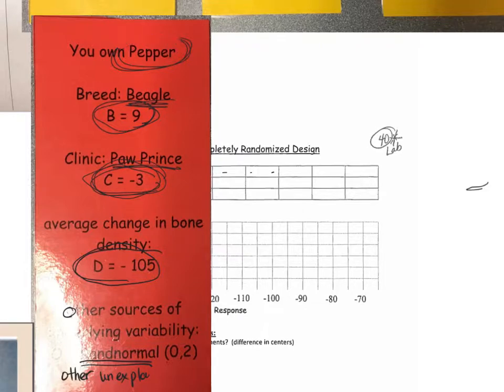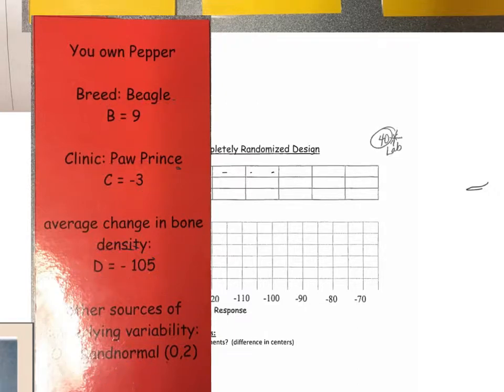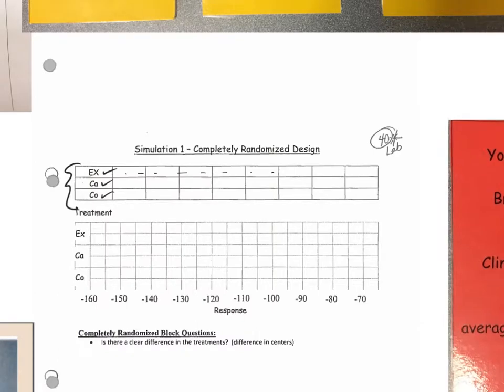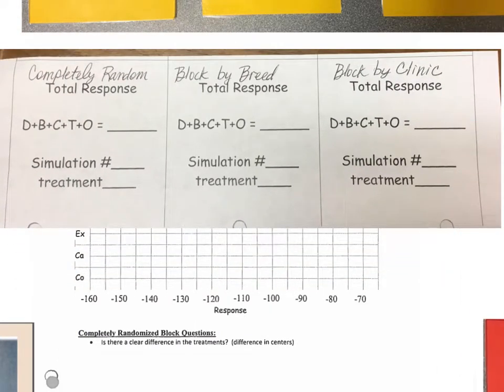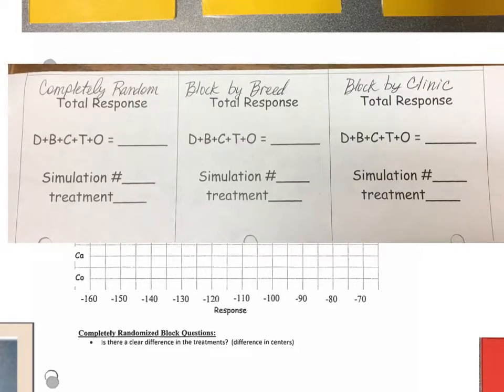Okay, with that being said, we're now going to take a look at the experiment cards. Each person has one of these sets of experiment cards, and we are going to do 3 experiments.